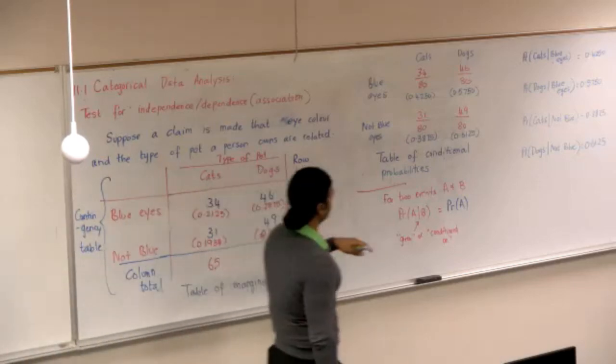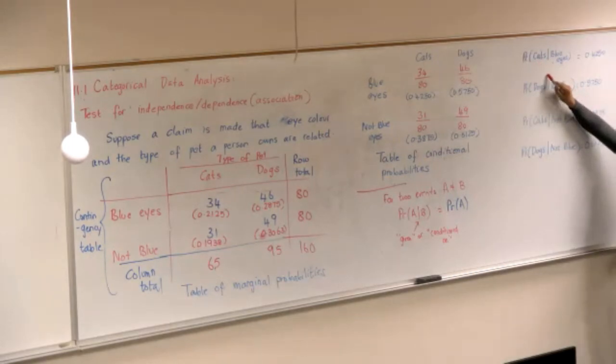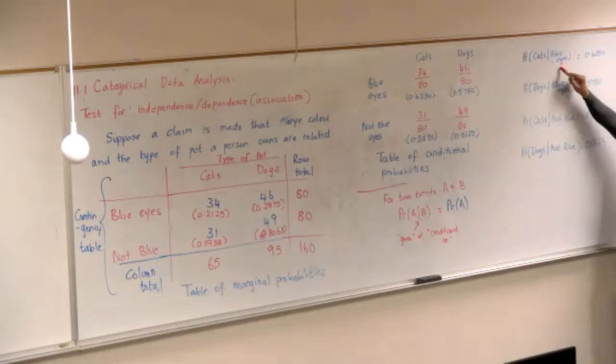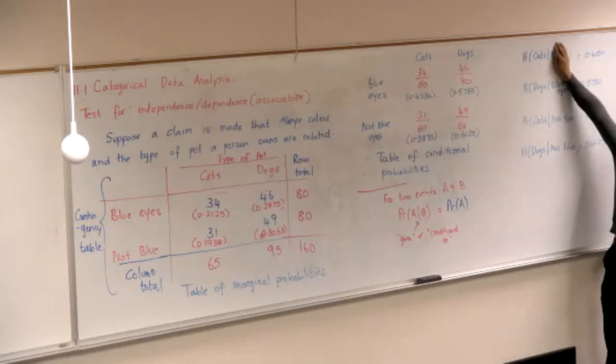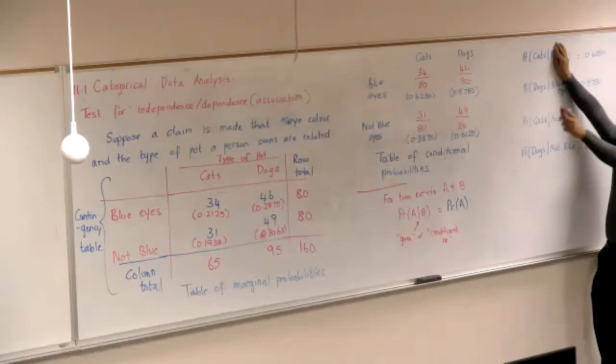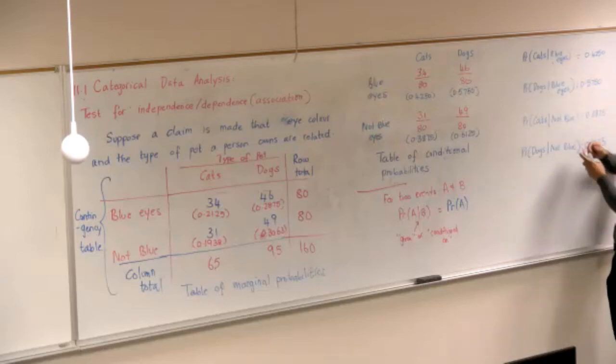Now, A, B, right? If A is independent of B, the probability of cats conditioned on blue eyes must simply be equal to the probability of cats. Agree? We already found the probability of cats. That's the marginal probability. Yes? Earlier, we erased it. So what is the marginal probability of someone owning a cat? 0.4063.